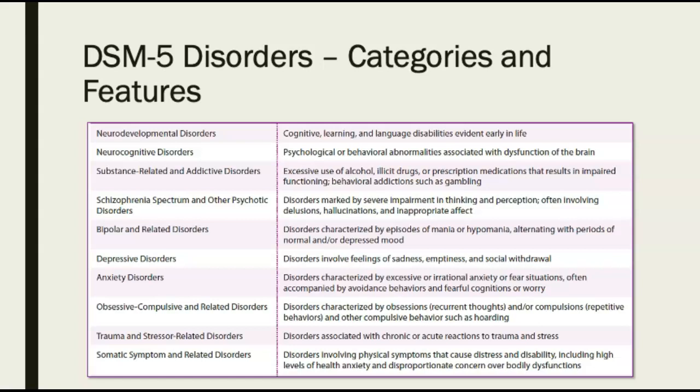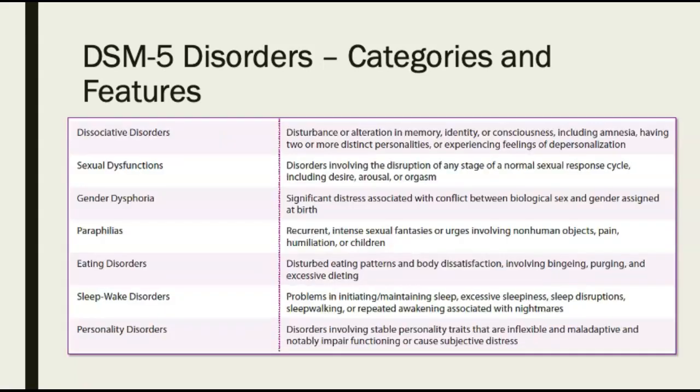If you were to get out a DSM, this is kind of what you're going to see as a table of contents. The disorders are broken down into these sections, and it gives us a description here of what would be common to experience with each of these disorders, and that's continued here into these other disorder categories.